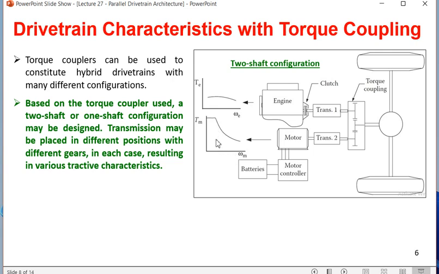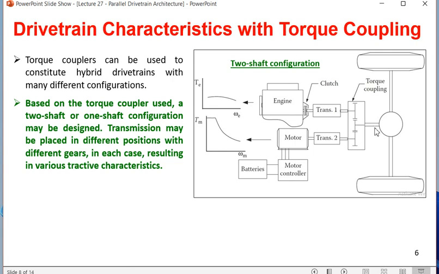After this base speed the speed keeps increasing. It is a constant power region, but the torque reduces after the base speed. So this characteristic of the engine and this characteristic of the motor are added together, and you can assume what the addition will be.